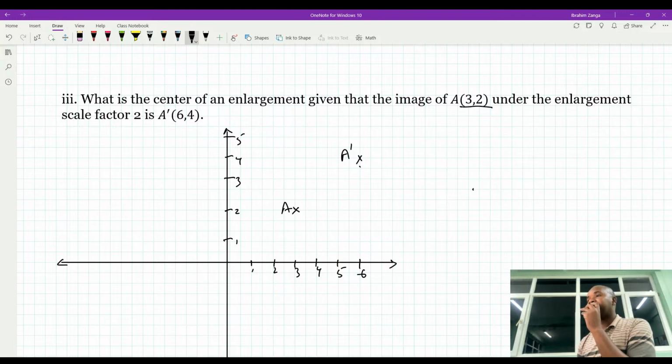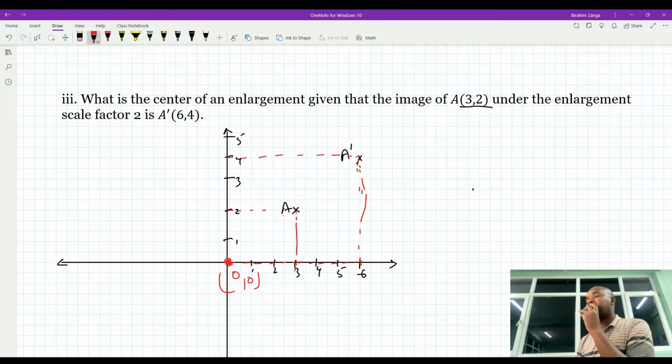As you can see, the transformation of these points, if I show you by using a dotted line, from 3 to 6, you see that the enlargement is happening around the origin, which is (0, 0).